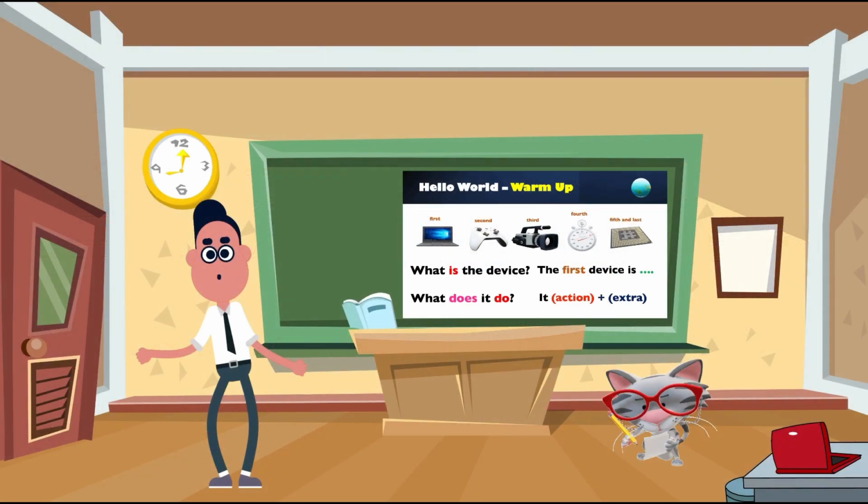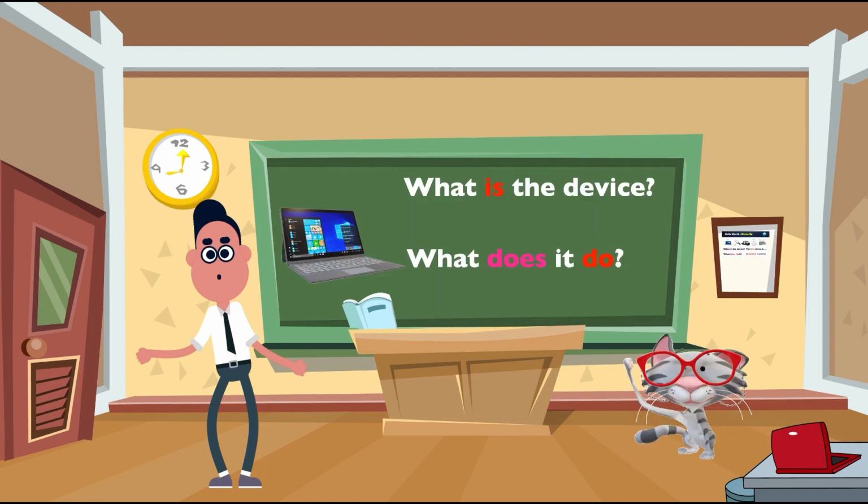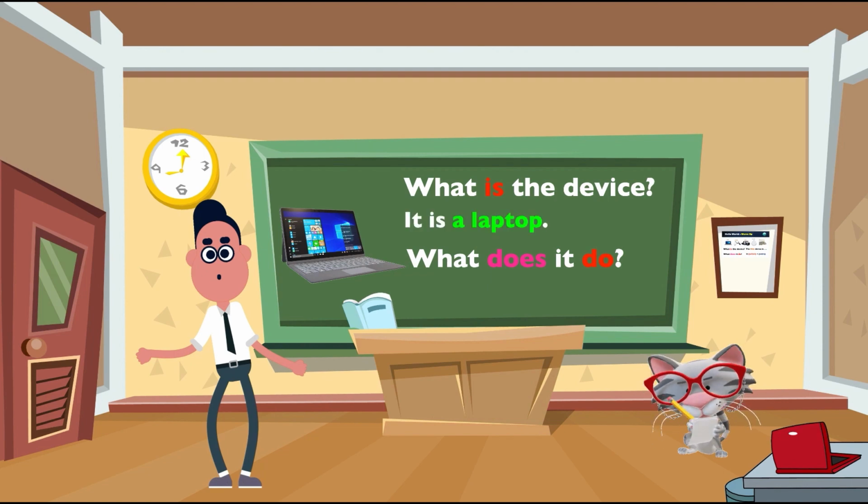So let's look at the first device up on the board. Younghee, what is the device? It is a laptop computer. Very good. All right, and what does it do?